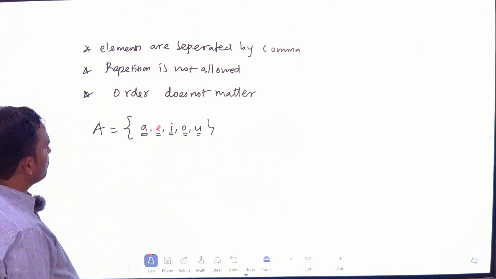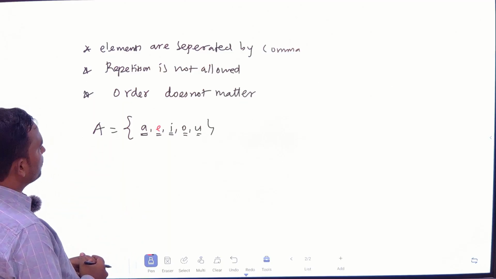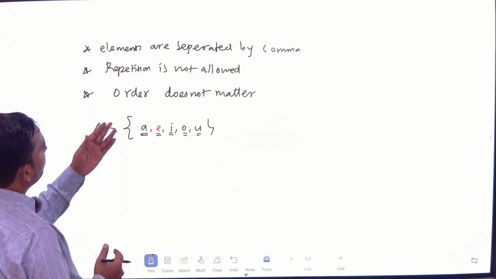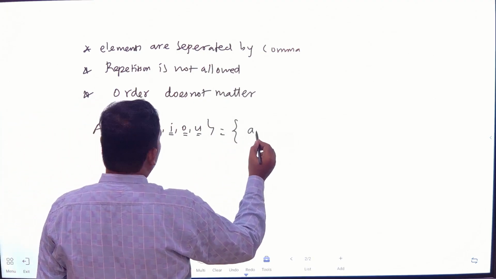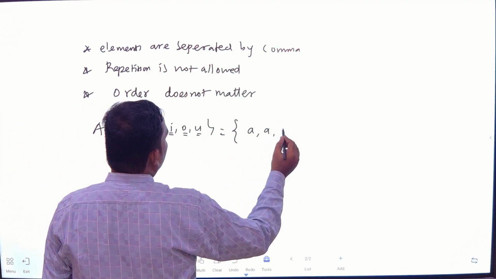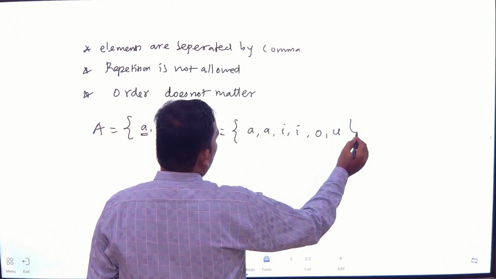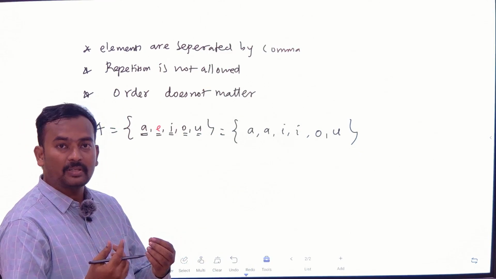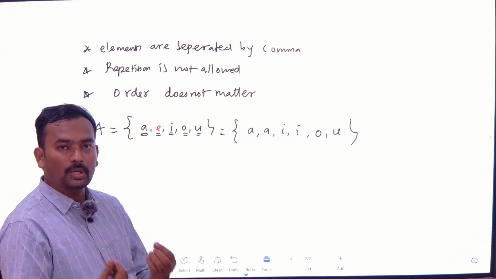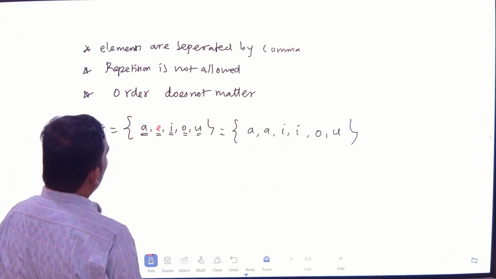The elements are small letters. And repetition is not allowed. That means if I put two a's and two i's, it is the same as this one. If letters are repeated, you keep it as one letter. Repetition is not allowed, so all are the same.